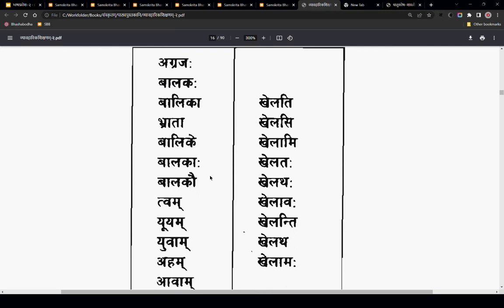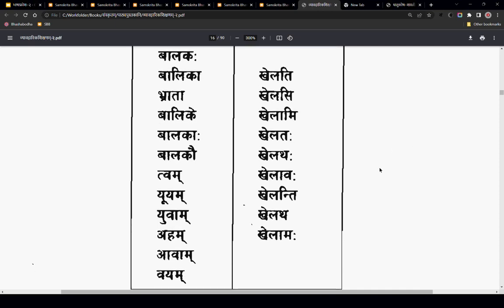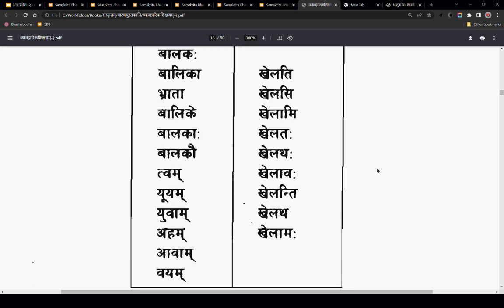So it's khelatah. Balike khelatah, correct. Kandukam, again, you should not use karma pada with khelasi, khelati or kridati. Just kandukena, you can say kandukena. Okay, sir. Okay.